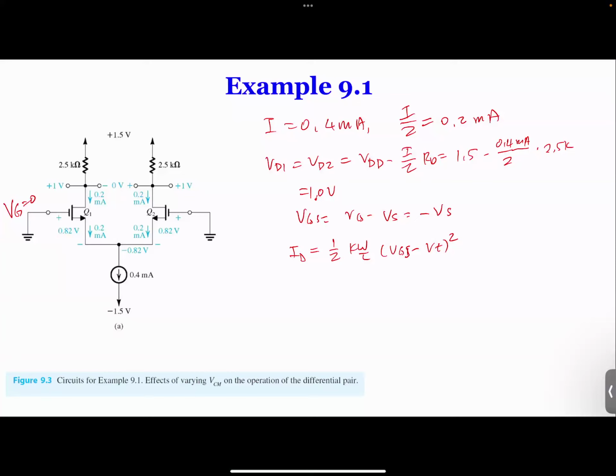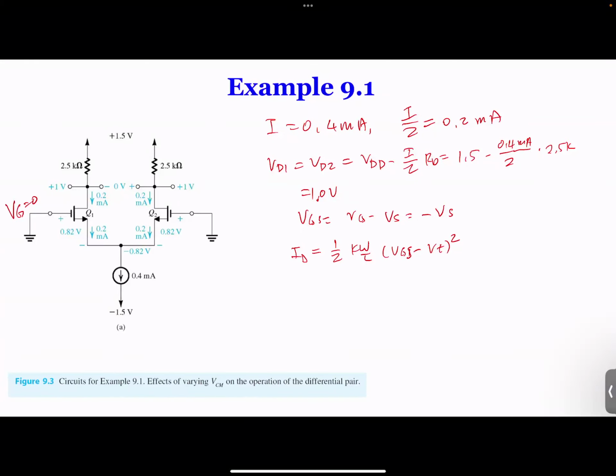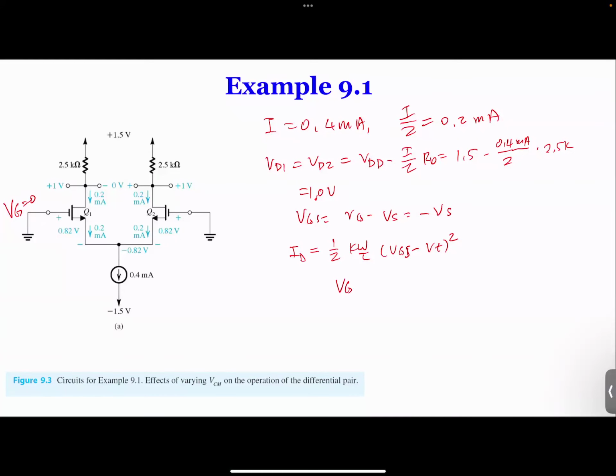Plugging in K, W/L, and VT, we can calculate VGS to be 0.82 volts. So this is what we get from the example: VGS is 0.82 volts.